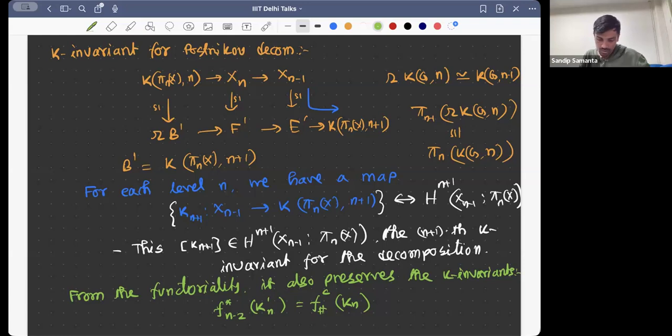So it says f n minus 2 star is an element of H n of X n minus 2 prime with coefficient pi n minus 1.